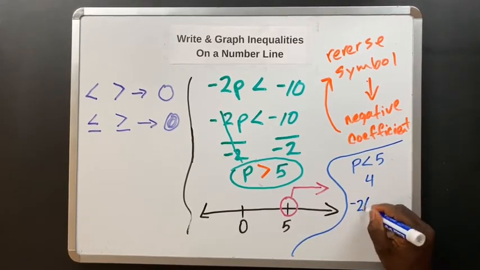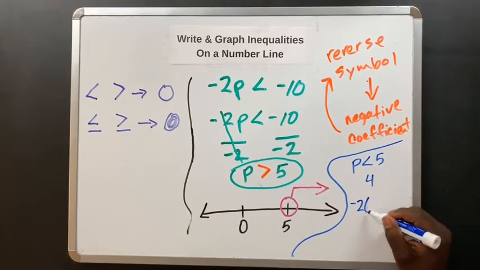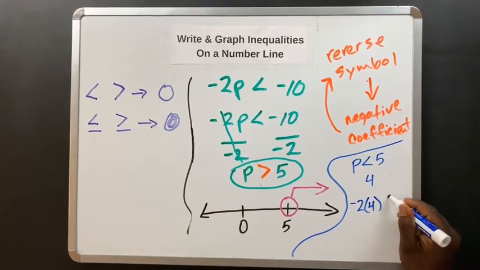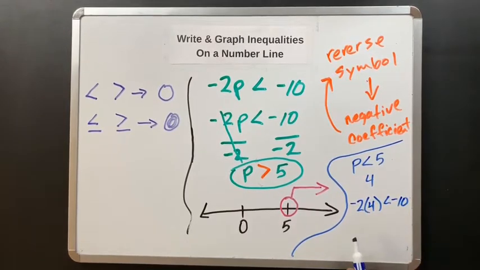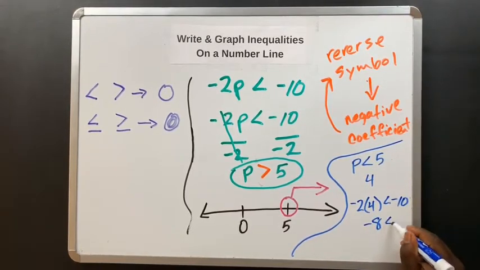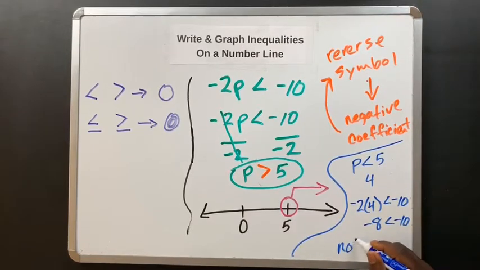Negative 2 times 4, where p, let's say, is 4, less than negative 10. Negative 2 times positive 4 is a negative 8. Bring that down, negative 10. Is negative 8 less than negative 10? No, it's not true.